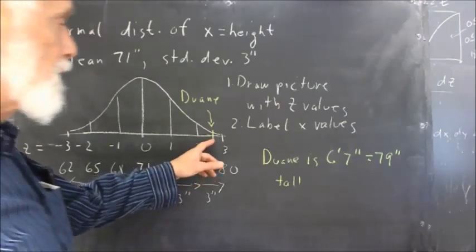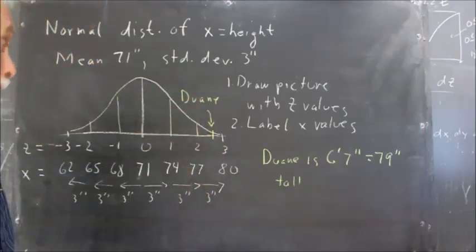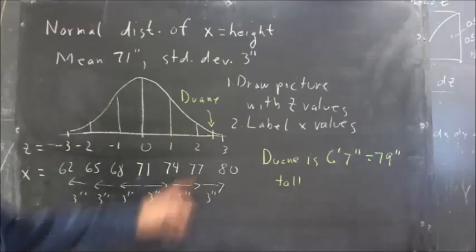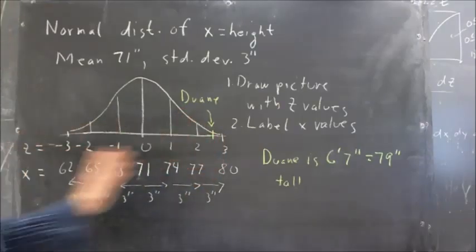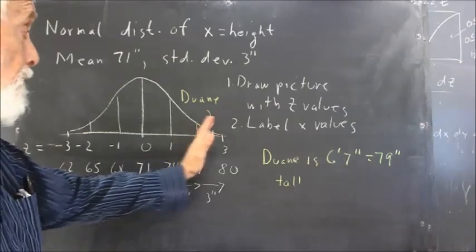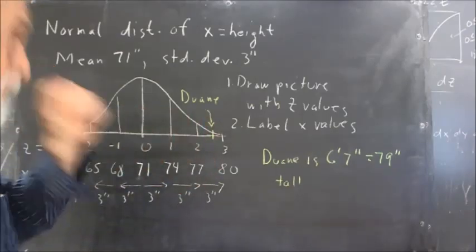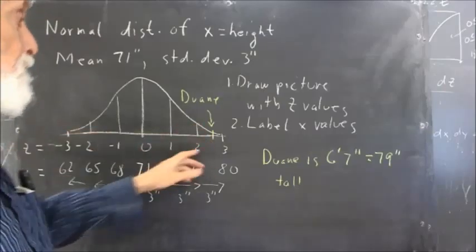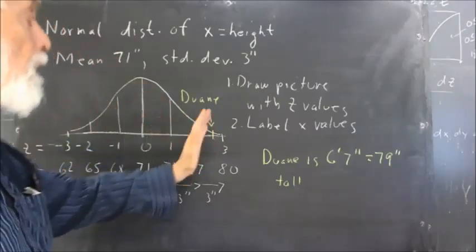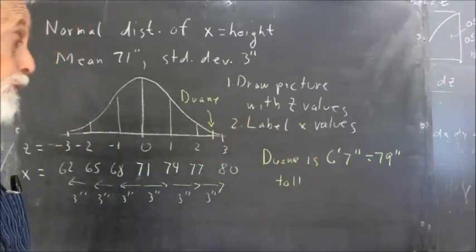Okay, so we could ask, what percent of the total population is over 79 inches, is taller than Dwayne? Or we could ask, how many people is Dwayne taller than? What proportion, what percent of the people is Dwayne taller than? So that would correspond to the area to the left of Dwayne's height. How many people taller? Well, the proportion of people taller would correspond to the area to the right of Dwayne's height.